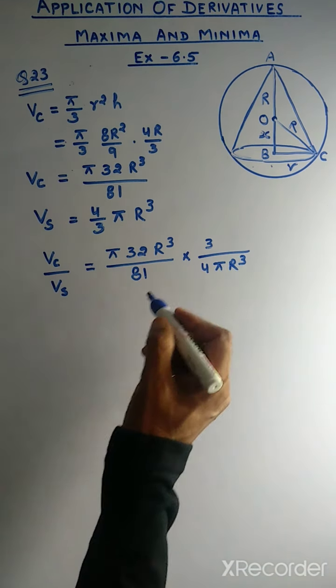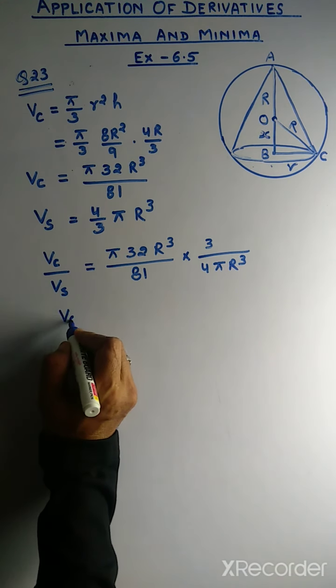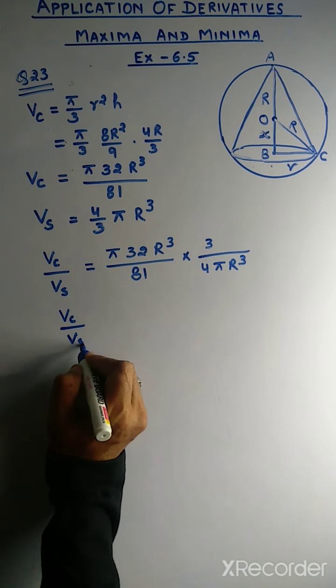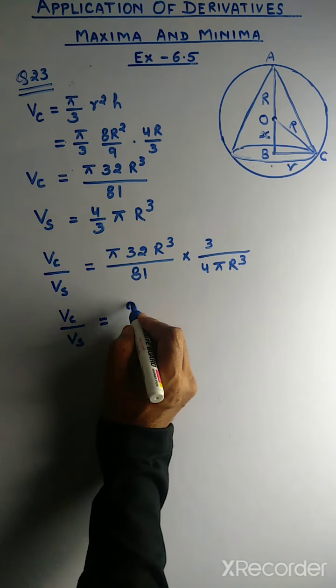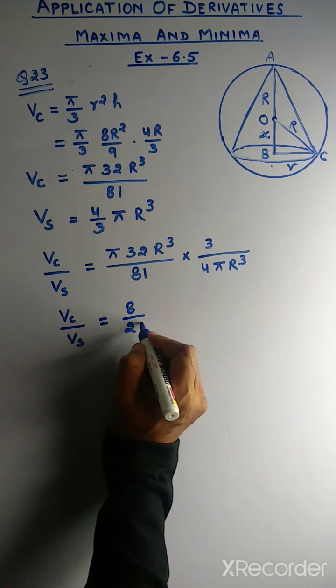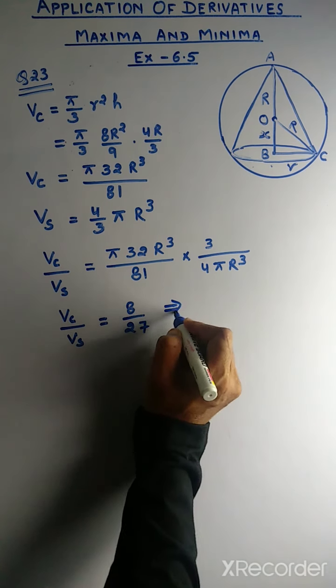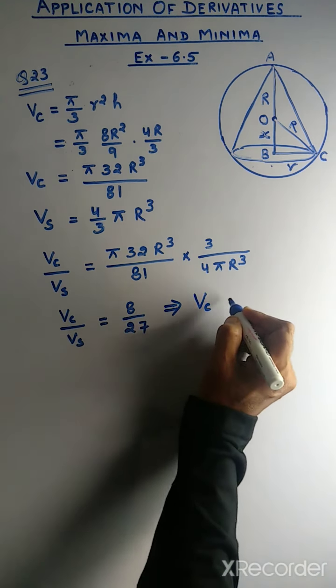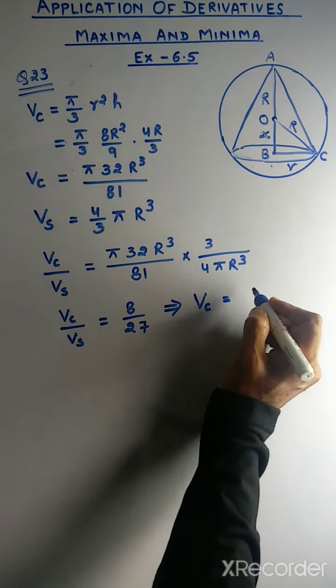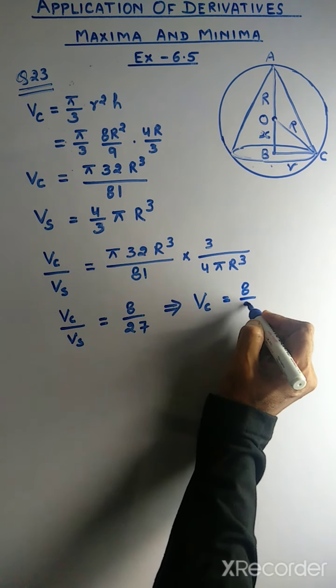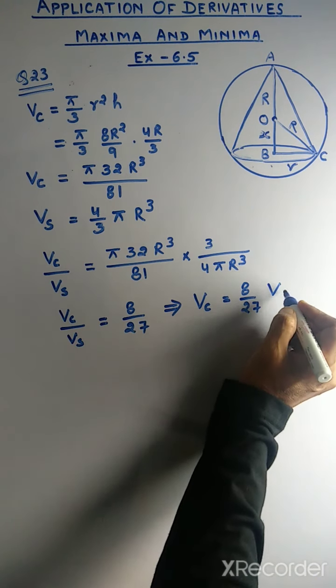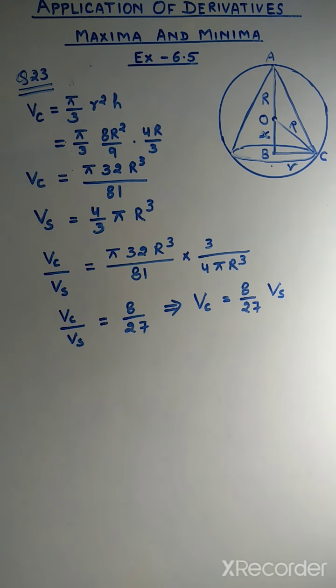If we solve, terms cancel each other, Vc over Vs equals 8 upon 27, which implies that the volume of the cone equals, by cross multiplication, 8 over 27 of the volume of the sphere. This we have to prove.